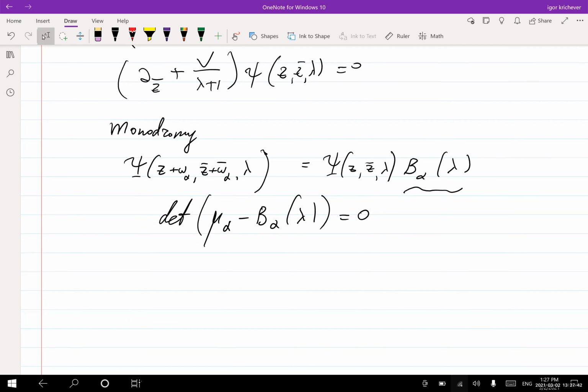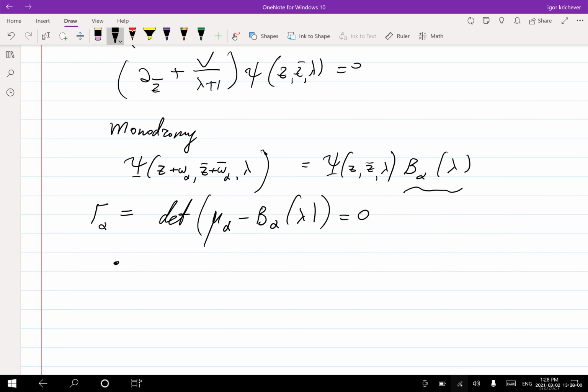So we take two analytic curves, gamma alpha. They're defined by an equation that's embedded into C2 with coordinates mu alpha and B lambda.